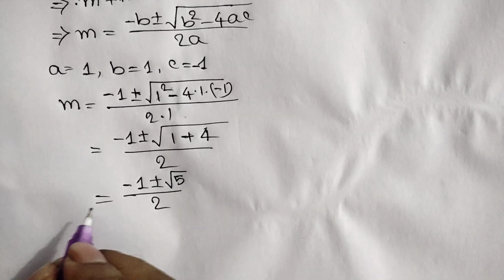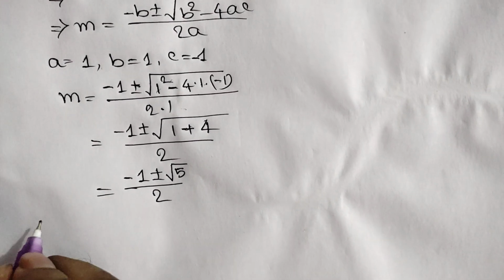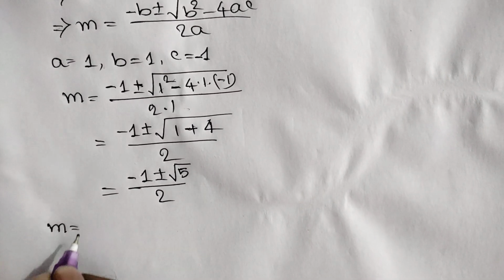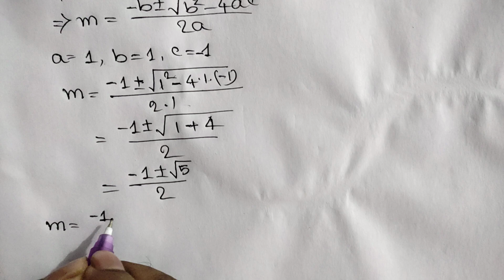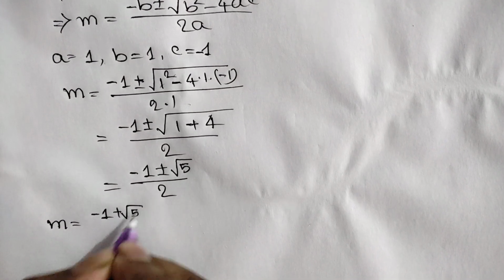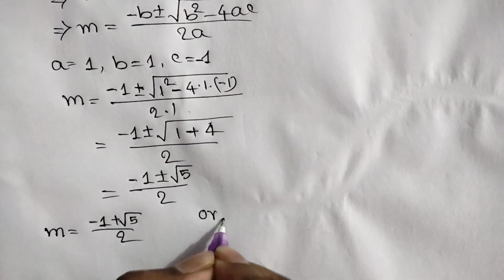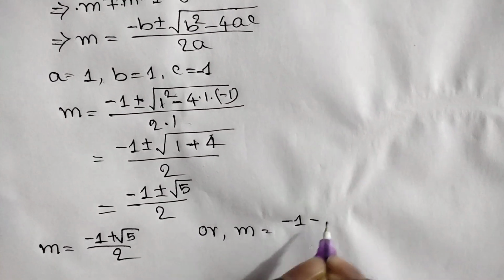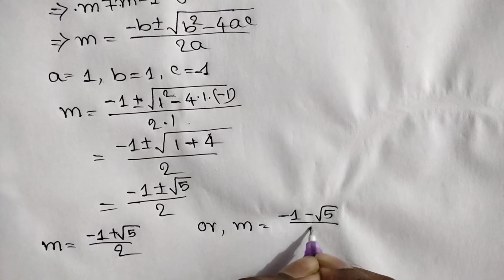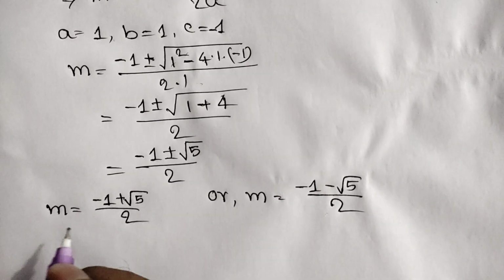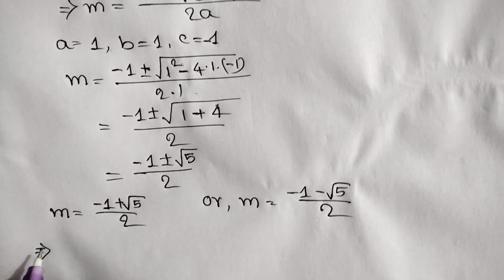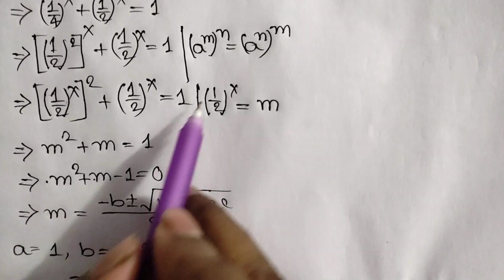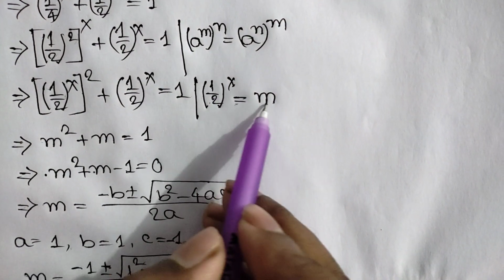Now we see here two cases, so we can write m is equal to minus 1 plus square root of 5 over 2, or m is equal to minus 1 minus square root of 5 over 2. But remember the substituted value: 1 over 2 to the power x is equal to m.